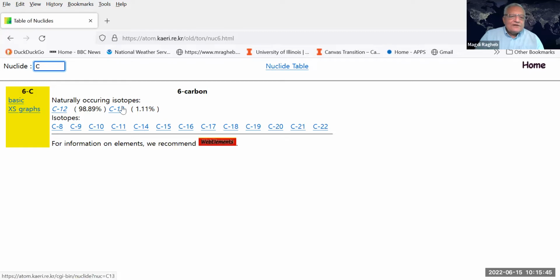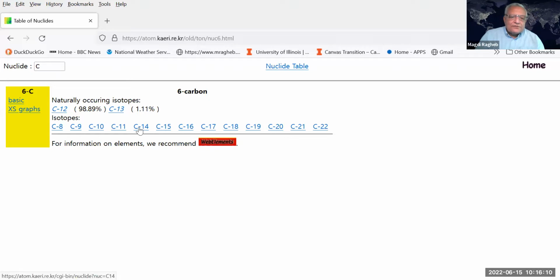Carbon has two isotopes in nature, carbon-12, 98.89% in atomic percentage. This is the percent of atoms of carbon-12, and there is the carbon-13 isotope, only 1.11%. All the other isotopes here are artificial isotopes that are not created directly in nature.